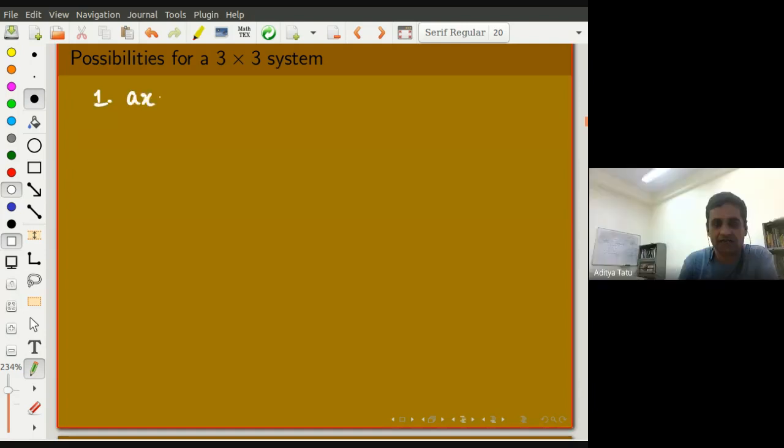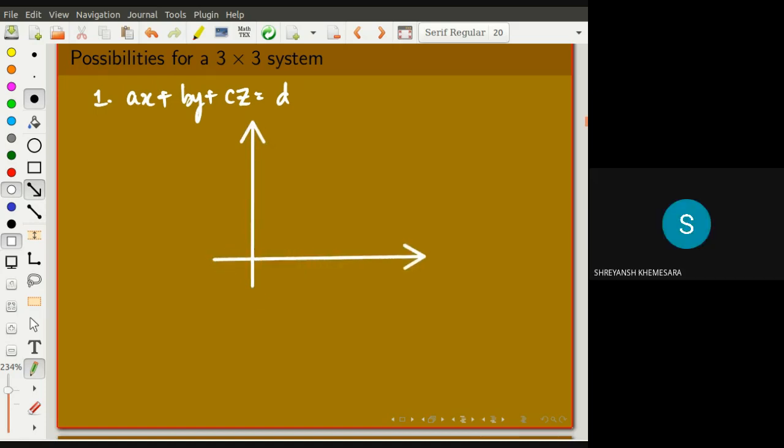So let's say I give you this equation: ax plus by plus cz equals d. Then it will form a plane with normal as A i cap, B j cap, and C k cap.